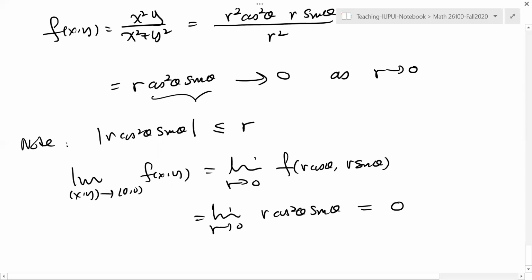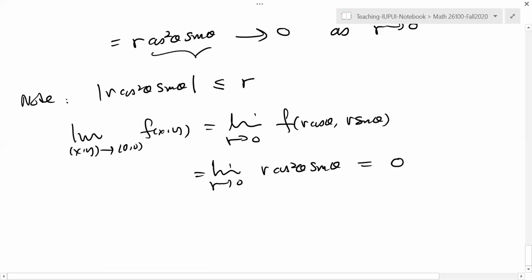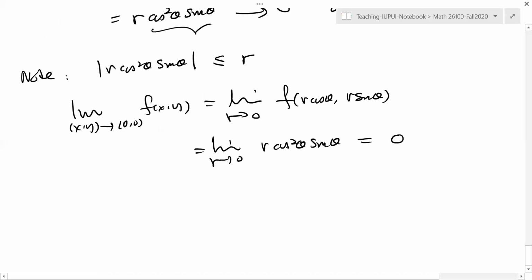You ignore theta, since theta is an arbitrary value. That's a good idea, much easier maybe, especially when you see x squared plus y squared. Now that works for this type of problem, but it doesn't always work for other types of problems. If I modify it a little bit, then you may have a problem.